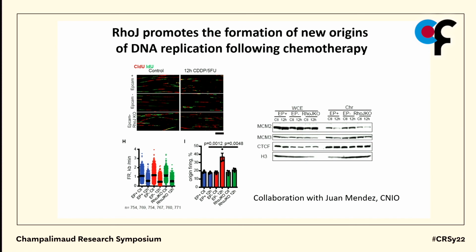And we found that although all the cell states slow down the fork replication rate, the Rho-G positive EMT tumor cells recruit dormant origins of replication to repair the DNA faster.